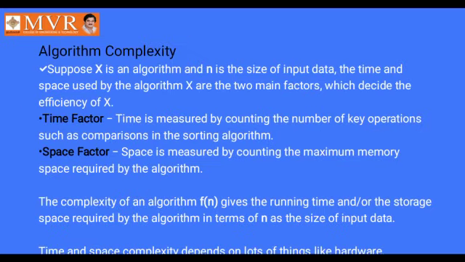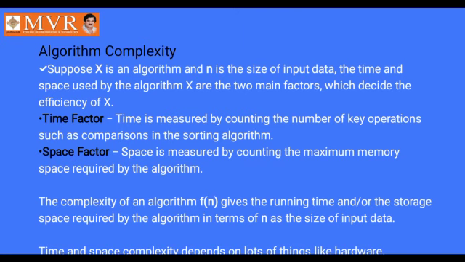Now coming to the algorithm complexity. In this topic, we will come across two complexities, that is time complexity and space complexity. When we write an algorithm, we prepare a program and then run it in the system. The amount of time taken to run that algorithm is called the time complexity.